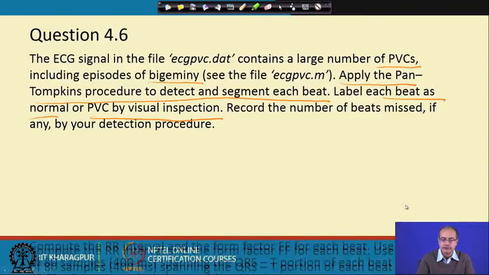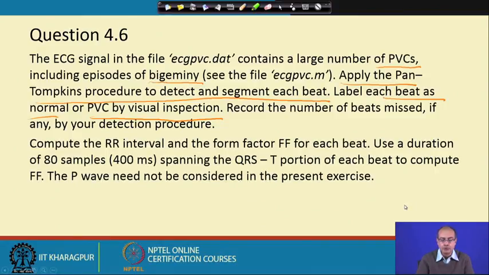Next, compute the RR interval and form factor, given as FF, for each beat. Use a duration of 80 samples, which corresponds to 400 milliseconds, spanning the QRST portion of each beat to compute the form factor.